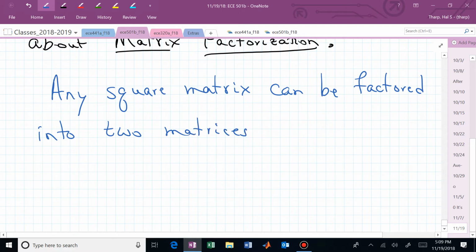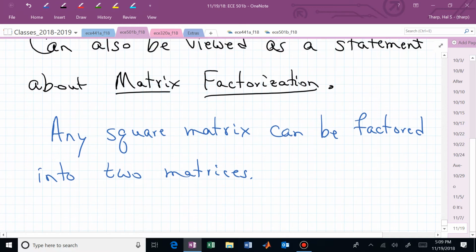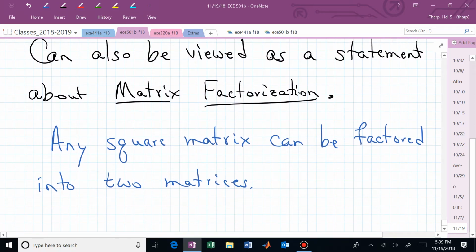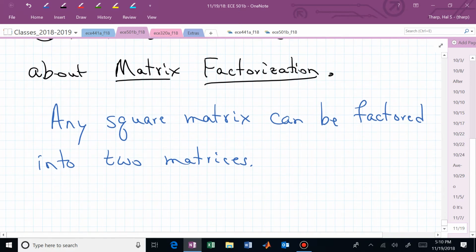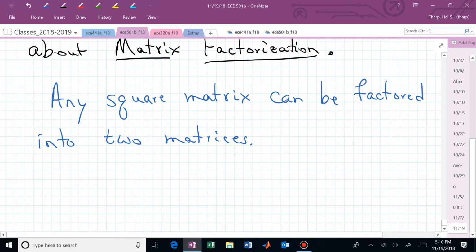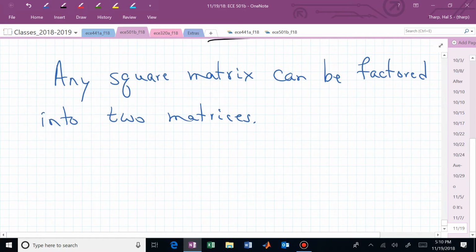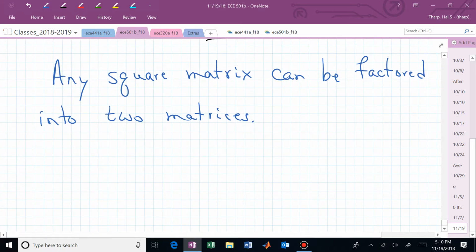We were talking before about maps, not matrices. So now we're switching gears and looking at the matrix representation of those maps. Since T was a linear operator, its matrix representation corresponds to square matrices. So any square matrix can be factored into two matrices.